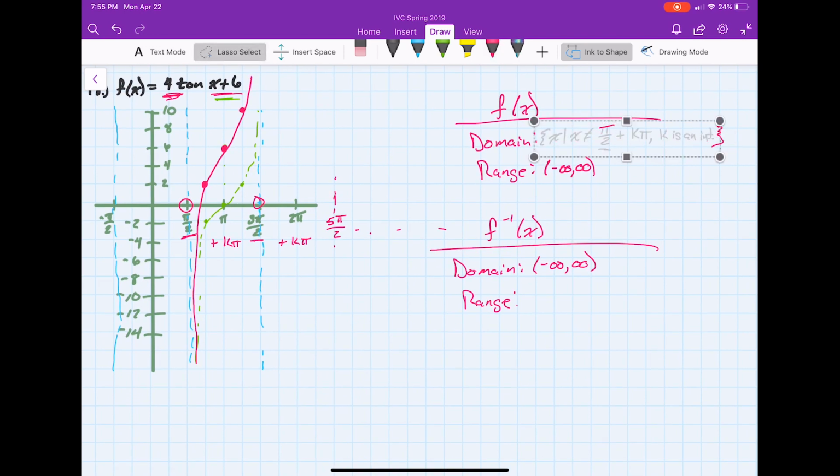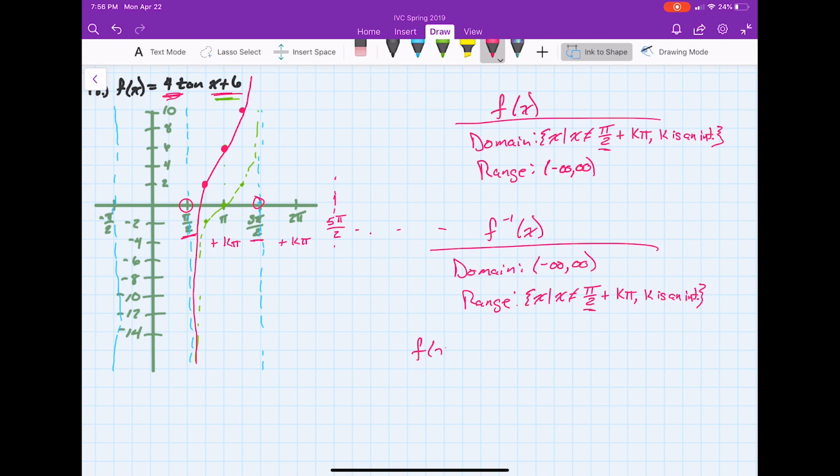Instead of writing this all out, I'm going to be lazy and copy and paste this. Looks like I missed the top of the pi, I can fix that down here. We'll go back and add our top of the pi and close this. So there's our function's domain and range and the inverse domain and range.